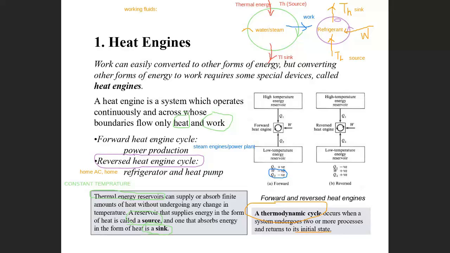For a thermodynamic cycle, we can think of it as a closed system. So for the system, the change of internal energy is zero, which we understand when we apply the first law of thermodynamics.